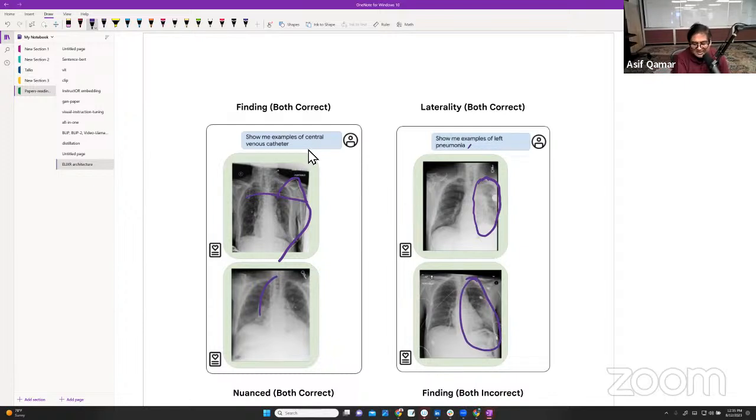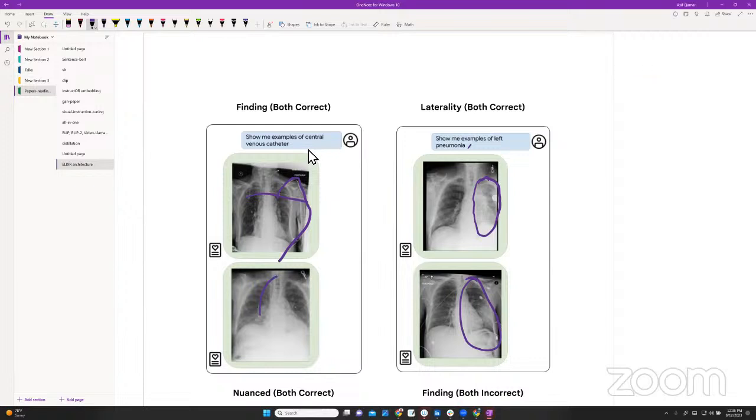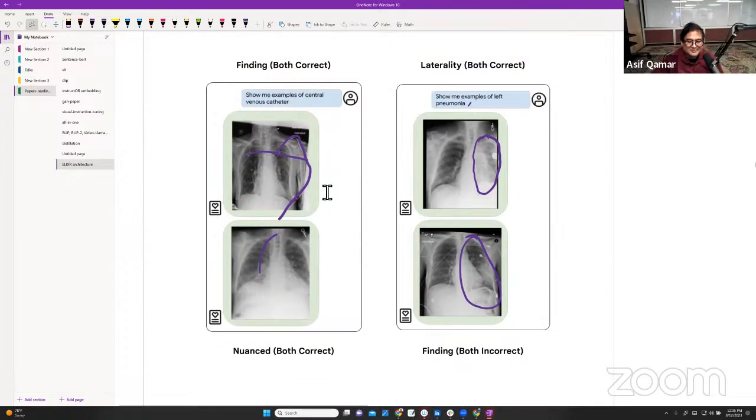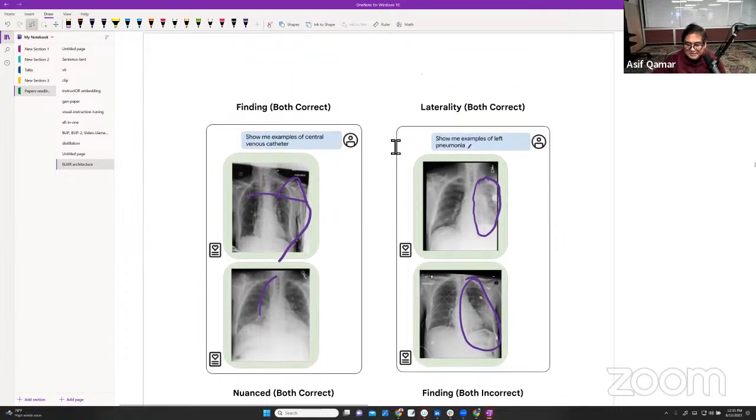By the way, what is nuanced versus finding? Well, that's my question as well. I don't know what these terms mean, but I guess we have to read the paper a bit more carefully. It turns out that laterality, finding both incorrect. Okay, so show me examples of left pneumonia.